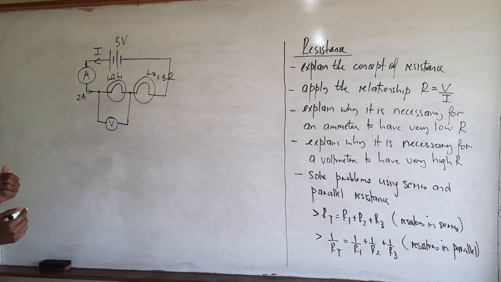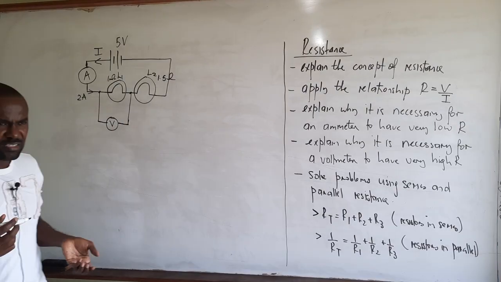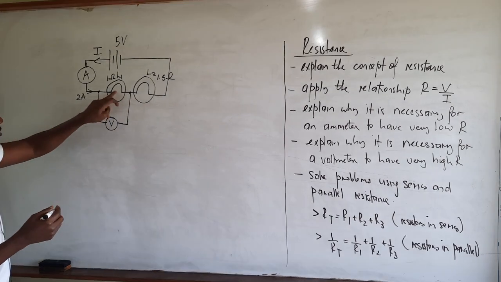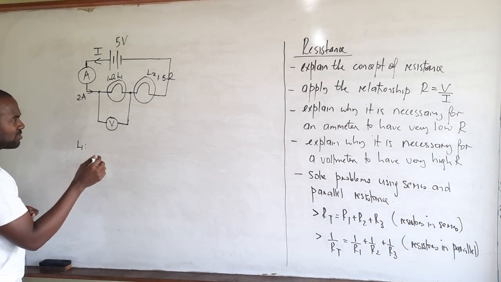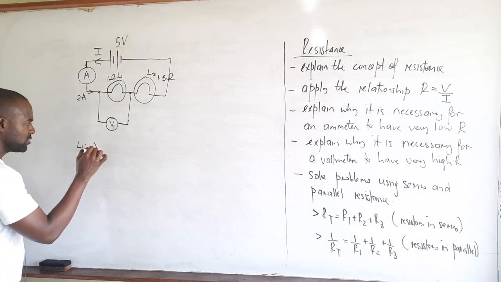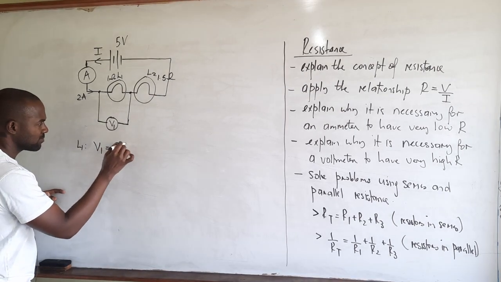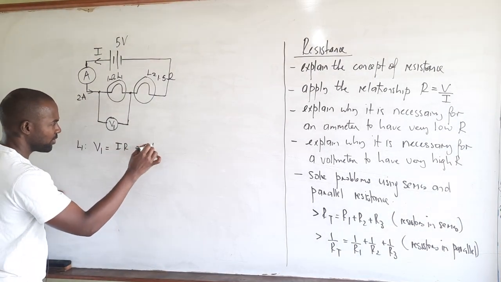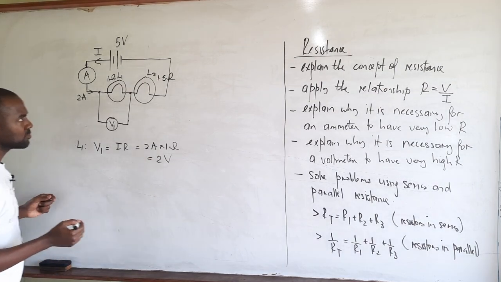Let's do some calculations. Because this current is flowing through both lamps, they're connected in series. The PD across lamp L1, let's call that V1. So V1 would be equal to 2 amperes, using IR, times 1 ohm, which gives us 2 volts, right?